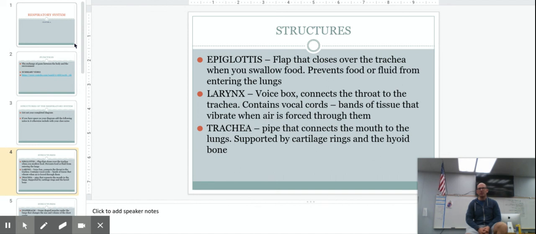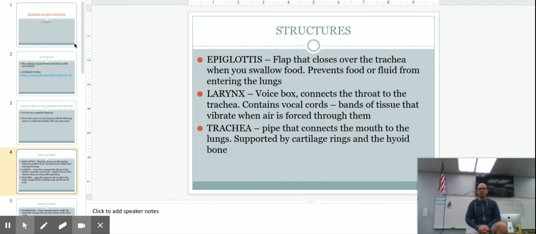Now, if you are eating and laughing, those are typically the times where the epiglottis fails and food gets into your trachea and into the top of your lungs. But for the most part, it's pretty effective at only opening when you have that swallow reflex in the back of your throat.